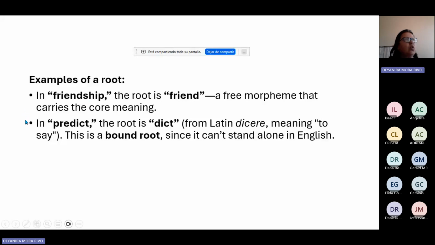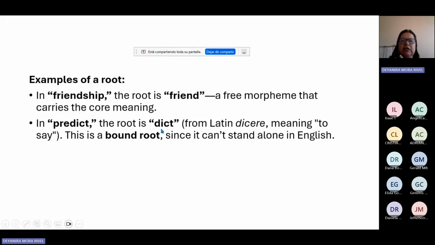Actually, what exactly does ship mean? We know that it makes another noun, but I'm wondering what exactly it means. I'll look for it. In predict, okay, this one is difficult because we don't know the root. In Latin it means to say, and see that it looks a little bit like Spanish, decir.